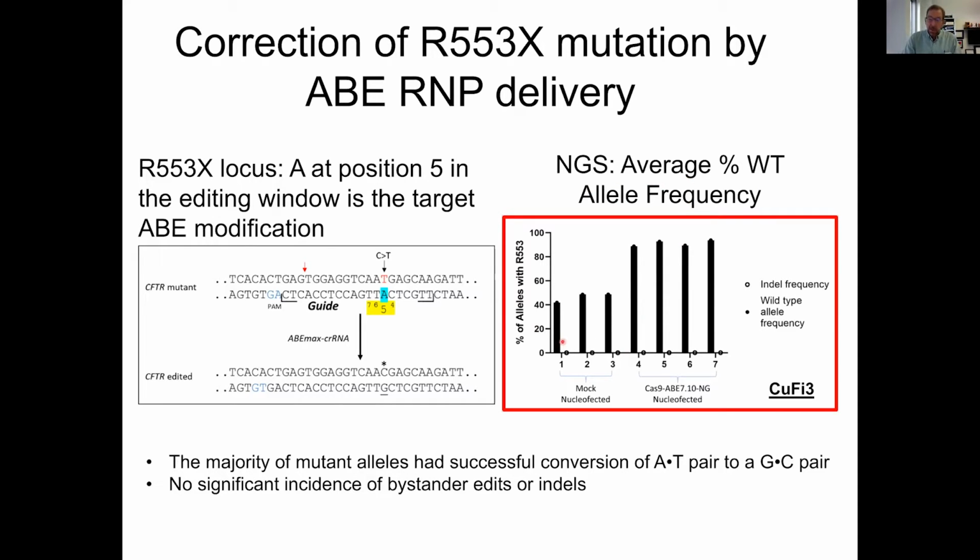So for the mock transfected cells, we see the expected 50% have the A at this allele. But after editing, this is converted to greater than 90% of the now wild type allele. So the majority of mutant alleles had successful conversion of an AT pair to a GC pair. And we saw no significant incidence of bystander edits or indels.